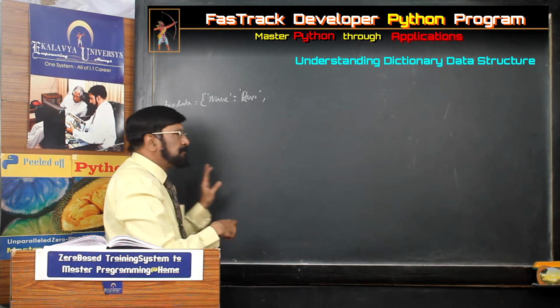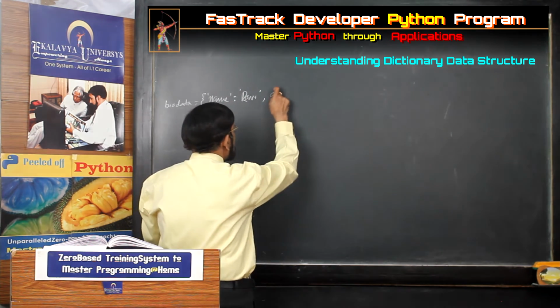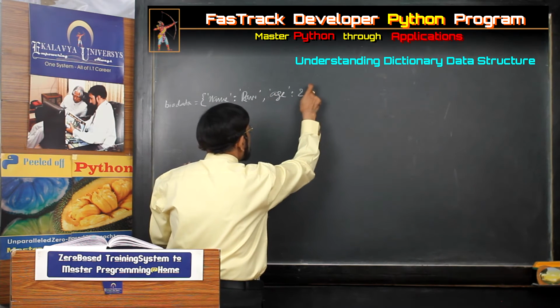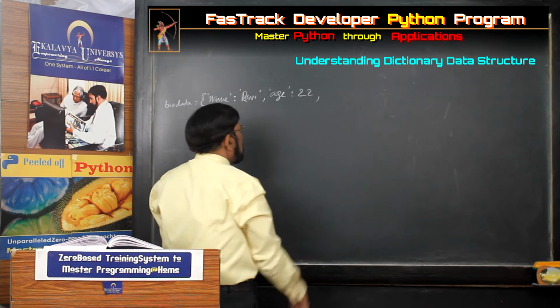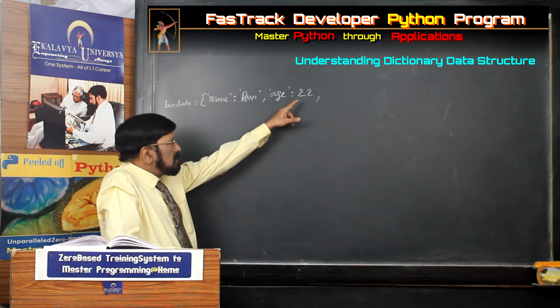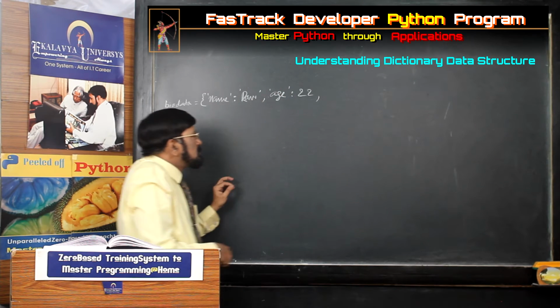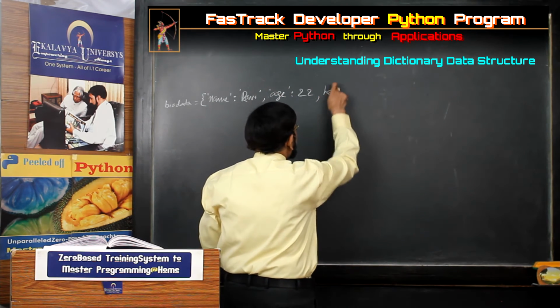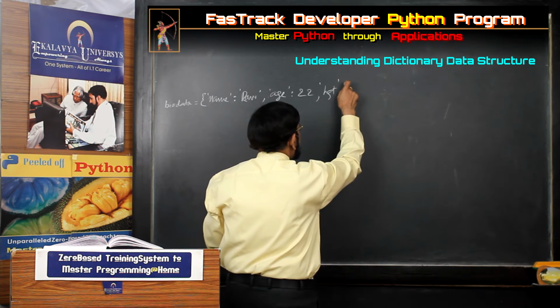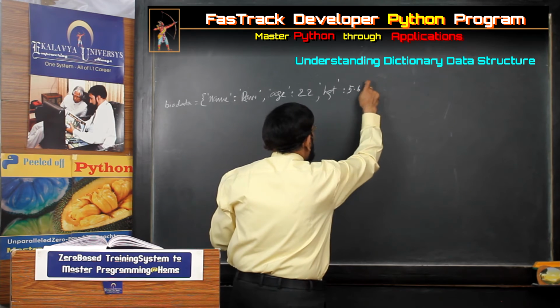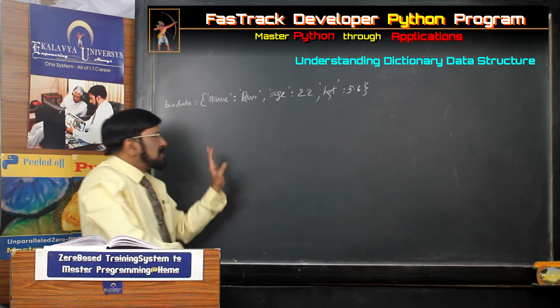Thereafter one separator. Next I want to write age. This is the identifier. Age 22. As it is an integer, I didn't enclose it in single quotes. Next, height. This is the identifier, and okay, this is the way.